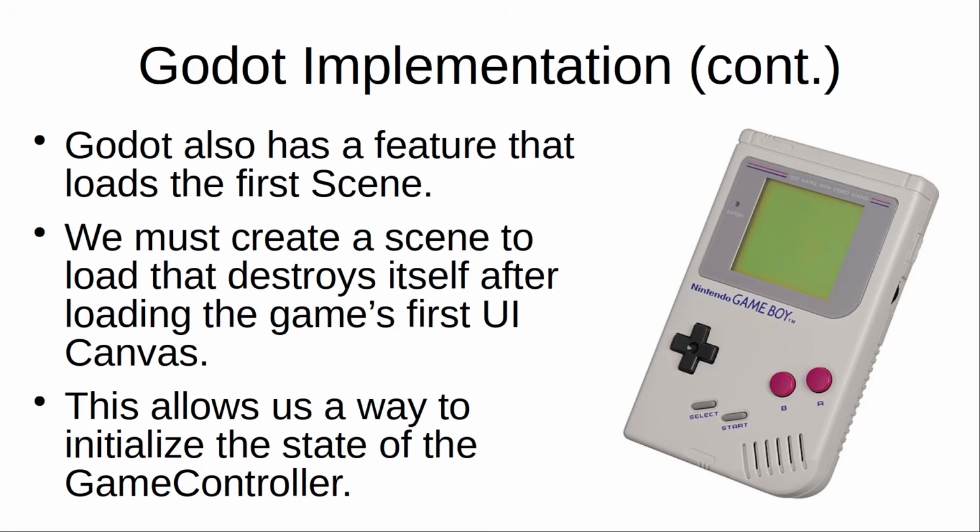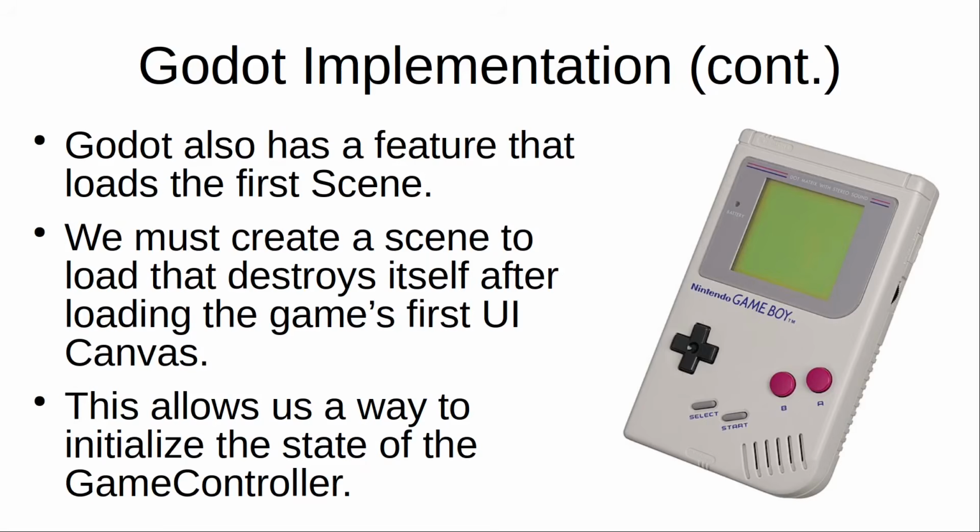More on the Godot implementation. Godot also has a feature that loads the first scene. This is also a problem because we have to create a scene that will load, that destroys itself as soon as the game is loaded, its first UI canvas. Now, UI canvases are where we store the UI objects to display them, and it manages the stack so that we can display things, but we'll talk about that more later. But this allows us to have a way to initialize the state of the game controller.